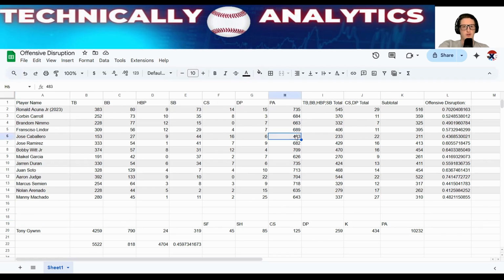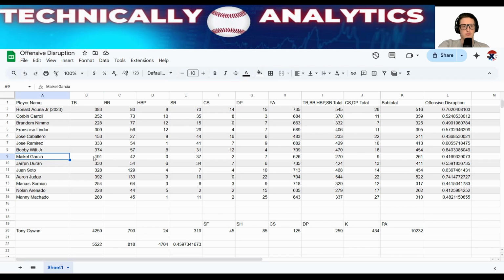There's one guy, Jose Caballero, that has 483, and you can see that obviously it didn't really help him. But I noticed that it's not so much the negative stuff that kills you, it's the amount of plate appearances and the amount of total bases and stuff you add up during the season, because the guys with 400s that don't have a lot of negative stats don't necessarily have high ratings, right?